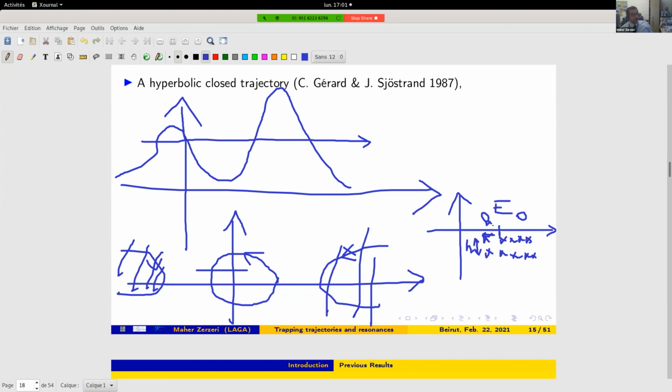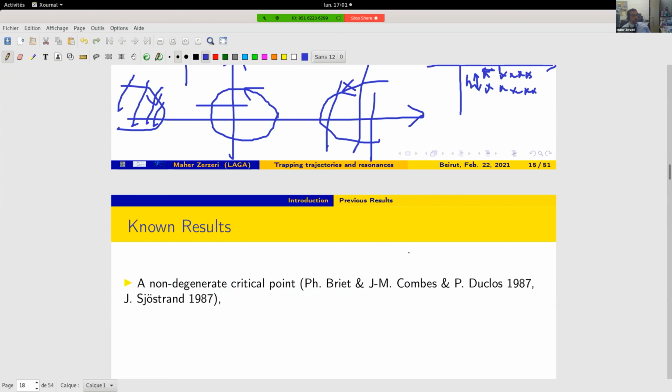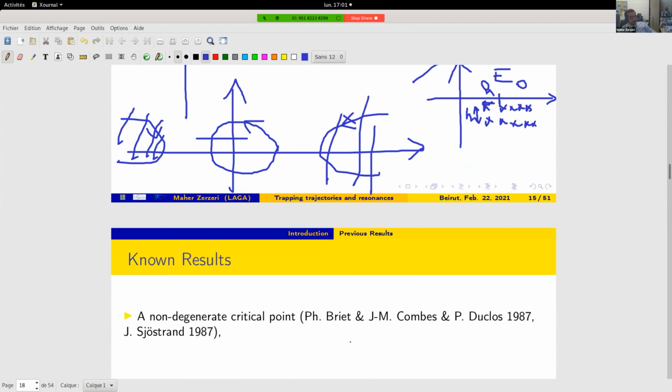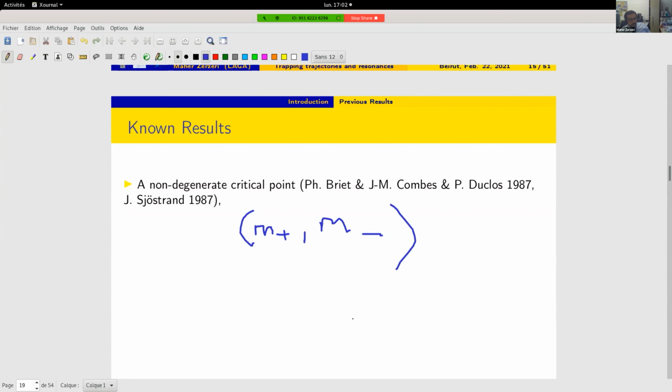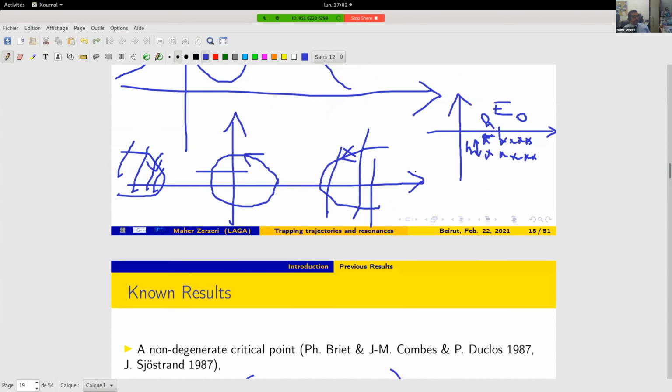And the critical point in general, you have only a critical point. So in some sense, it's some minimum of m plus and m minus, the signature, and of course, non-degenerate. So m plus positive eigenvalue and minus negative eigenvalue of the Hessian of the potential. And they prove also some lattice structure, okay?